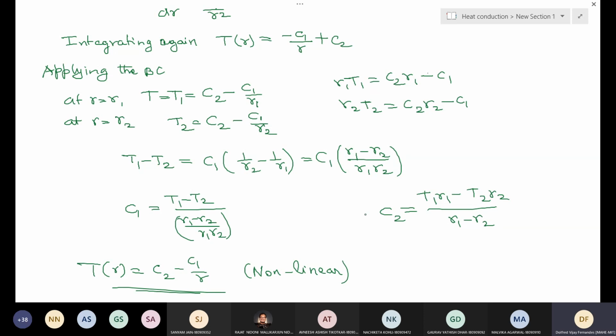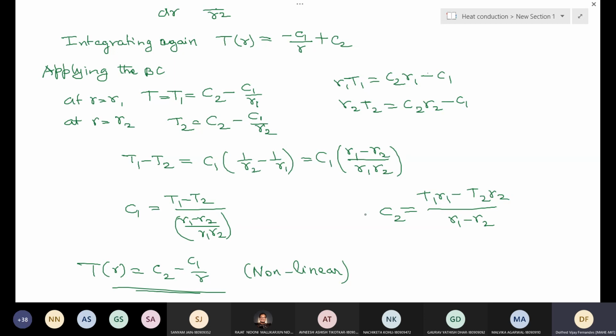Take same thickness walls for the three: planar, cylindrical, and spherical. Take same thermal conductivity, maintain same temperature difference, and calculate the rate of heat transfer. You can clearly know that the rate of heat transfer through the spherical wall will be highest, then the cylindrical, then the planar wall.